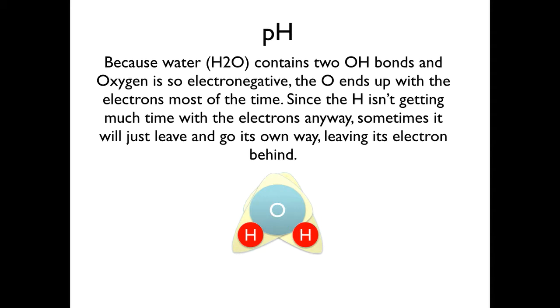pH, or acidity and basicity, is a feature not just of water, but of anything that contains polar protic bonds. And polar protic bonds means polar bonds involving a hydrogen, which, remember, the nucleus of a hydrogen is just a proton.